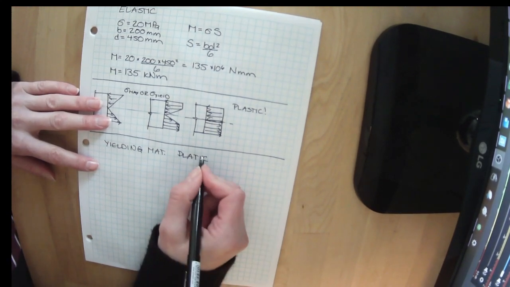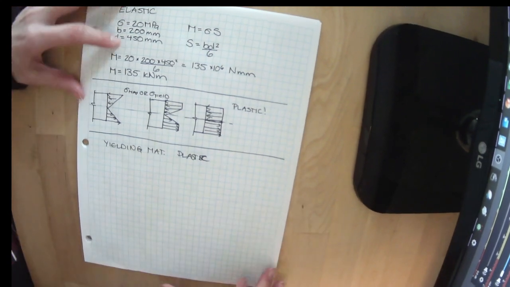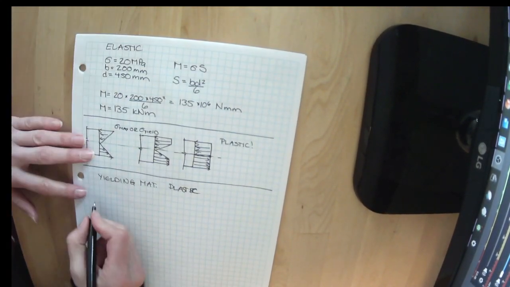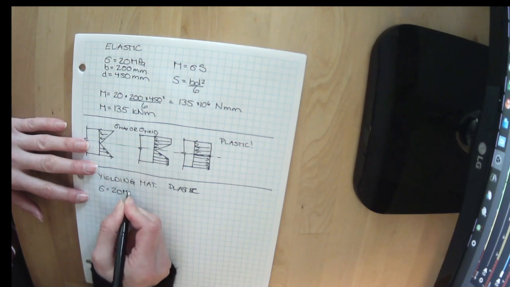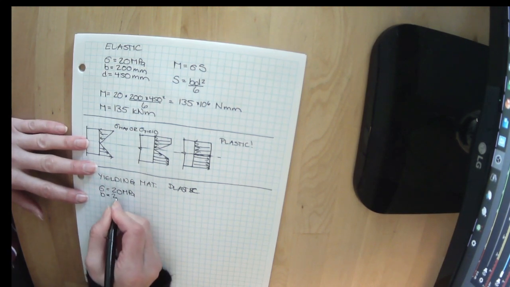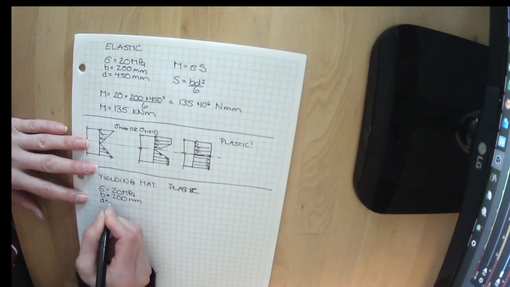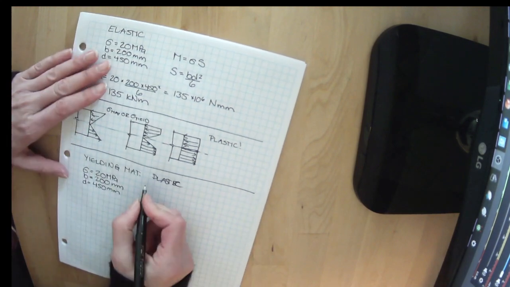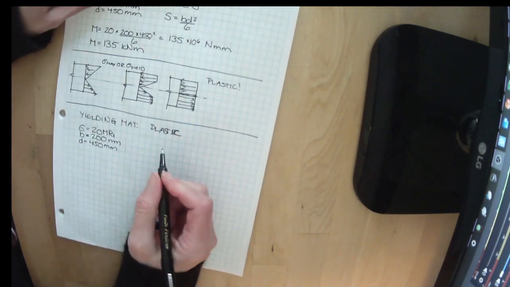We want to let this go just to its plastic limit. So our maximum stress stays the same, our B stays the same, and our D stays the same. The only thing that's different here is that they have told us we can use our plastic section modulus.